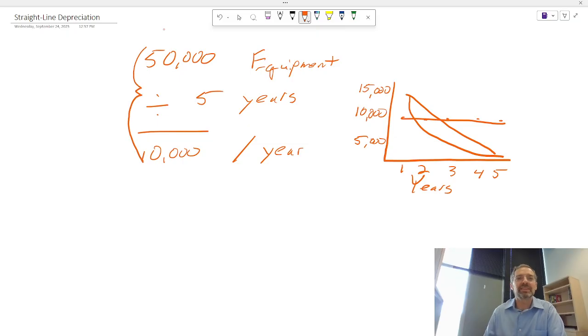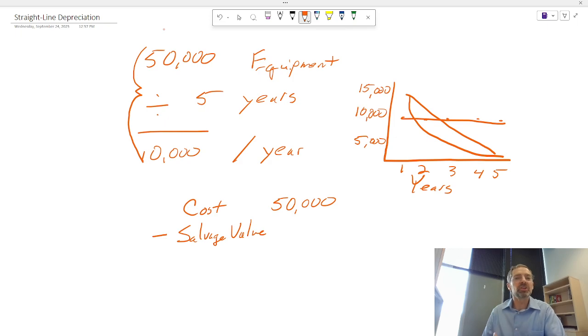So let's look at the actual formula for straight line depreciation. The first is, what is the cost of the asset? In our case, we said that's $50,000. Then we need to subtract the salvage value. The salvage value is when we are all done with this asset, can we sell it for something?